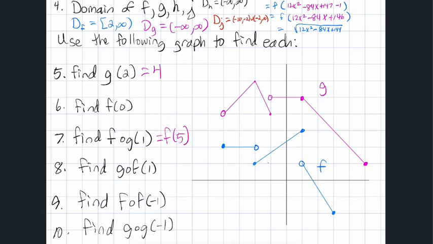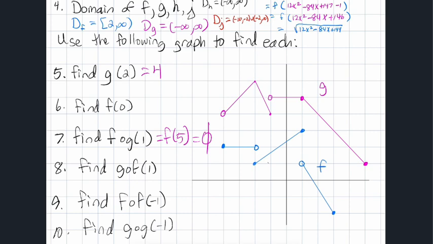Then we go over to the F function, 1, 2, 3, 4, 5, and look for the F function. Does the F function have a piece that's at 5? No. So when that happens, the final answer would be undefined. You can write the word undefined or say null set, meaning there are no points that work. So that would be undefined.